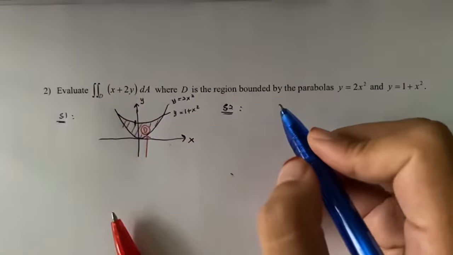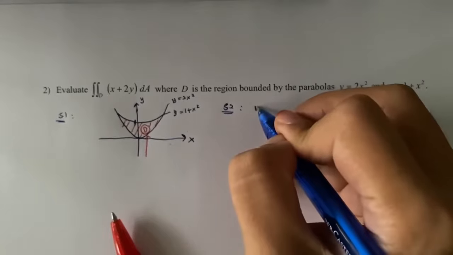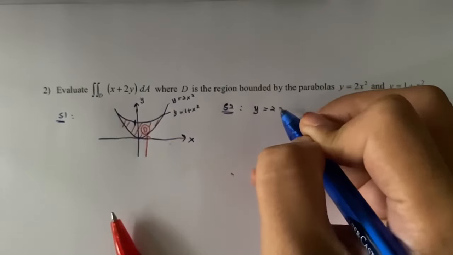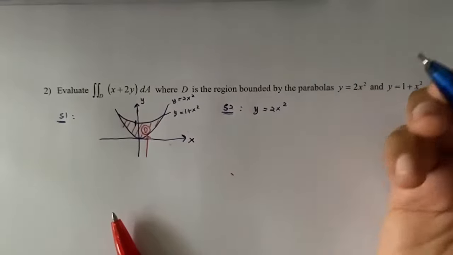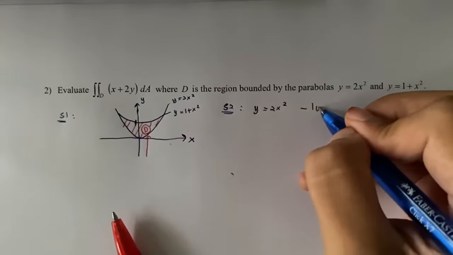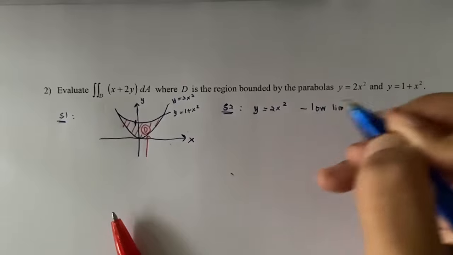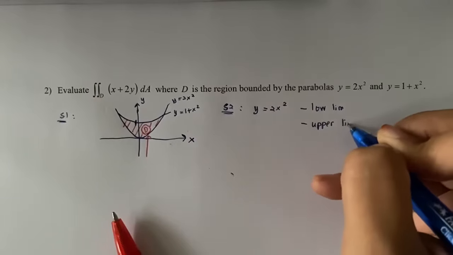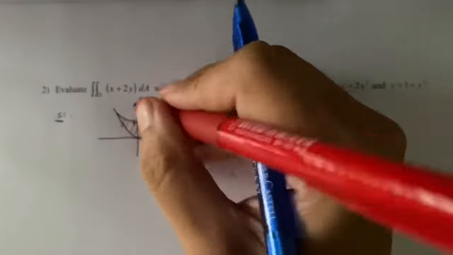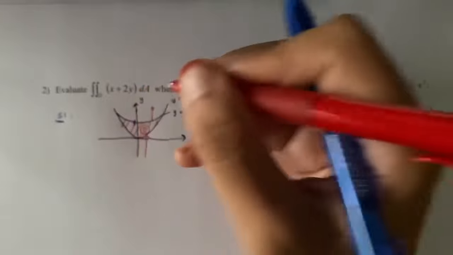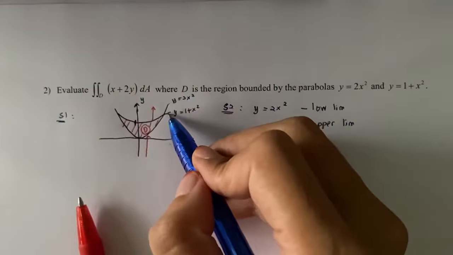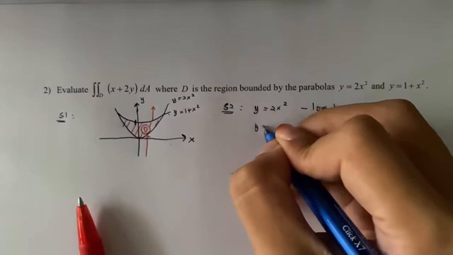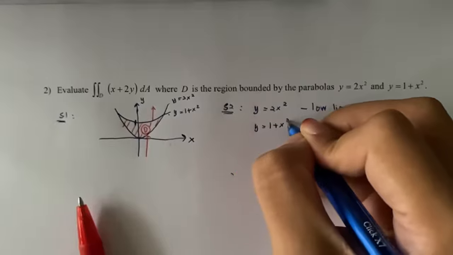So the lower limit of y is y equal to 2x square. And for the upper limit, it leaves the region here at the curve y equal to 1 plus x square.